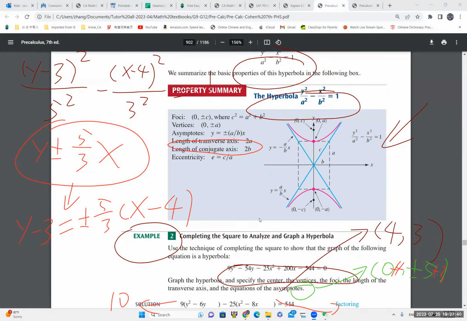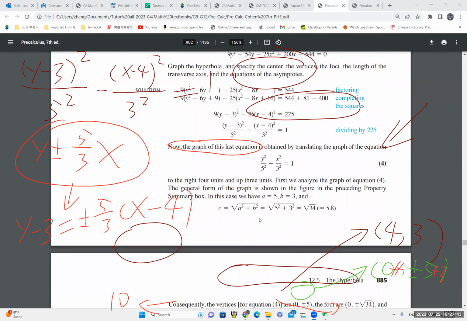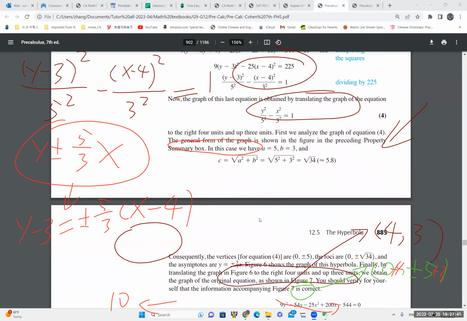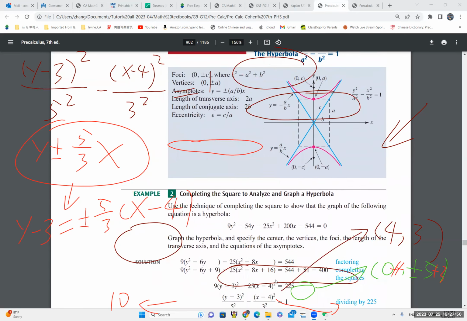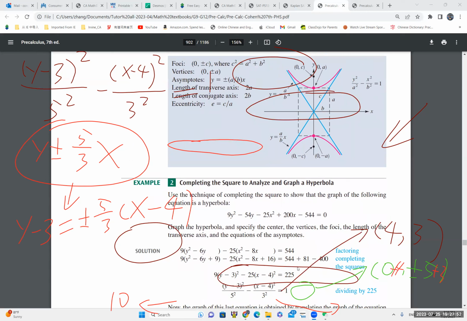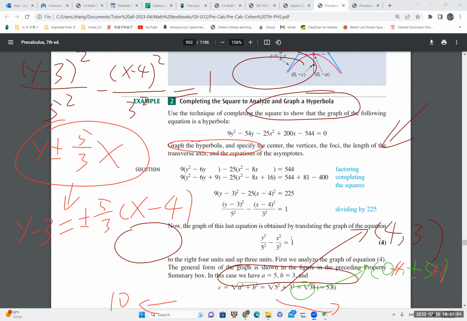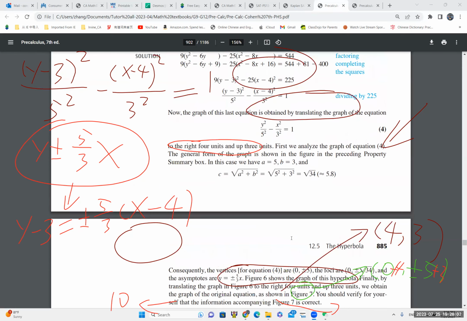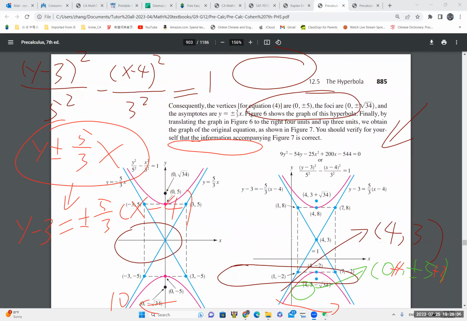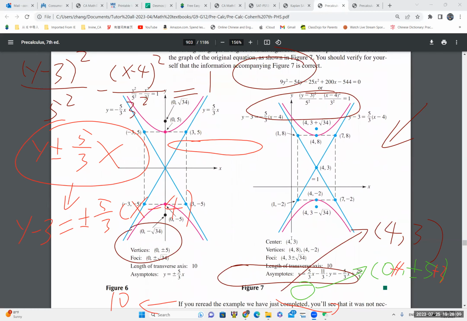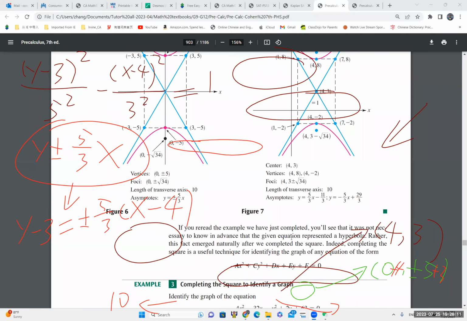Yeah, let's see if it's correct or not. Or should we get more? No, they don't ask us to find the eccentricity, right? So we don't really need to. Anyway, the asymptote is here.